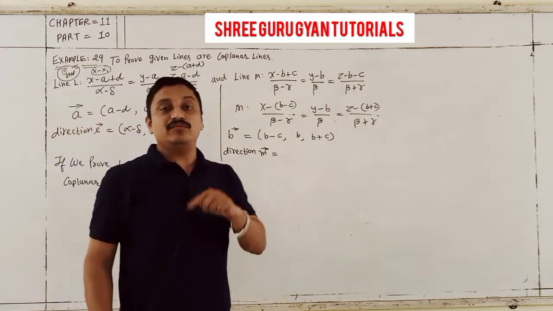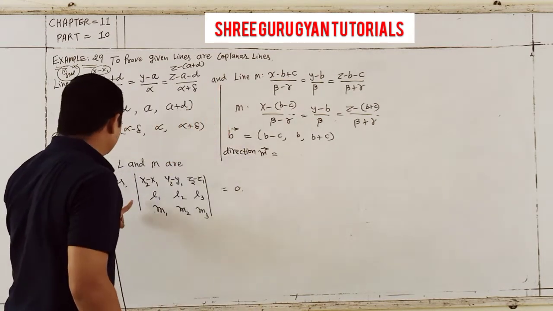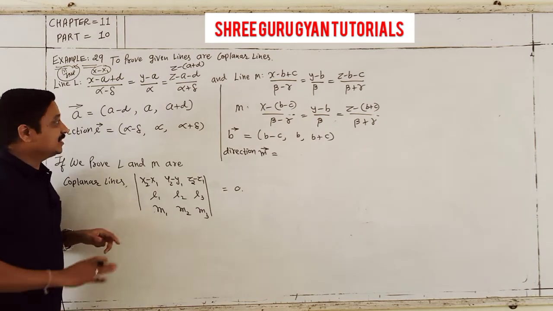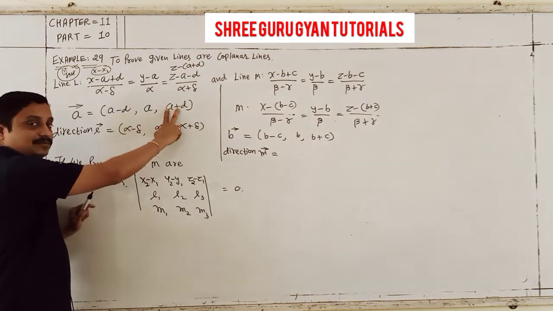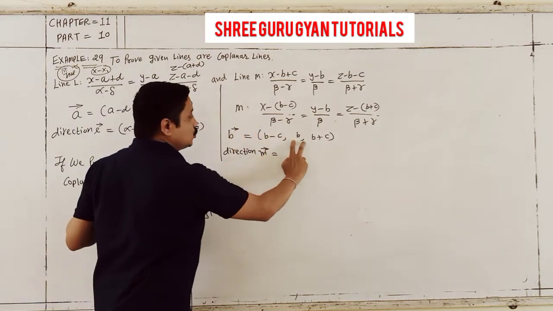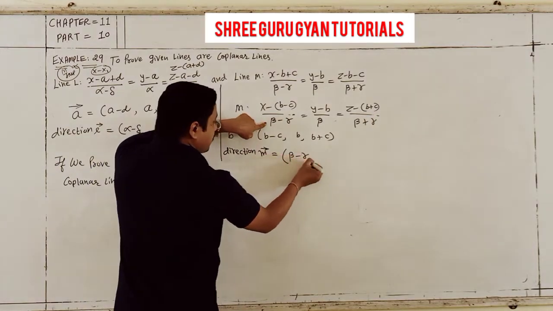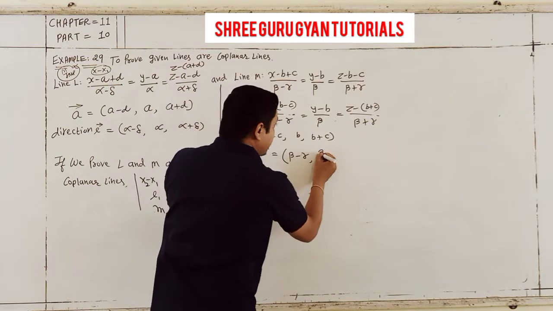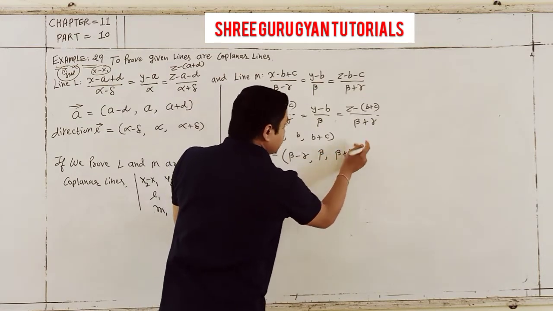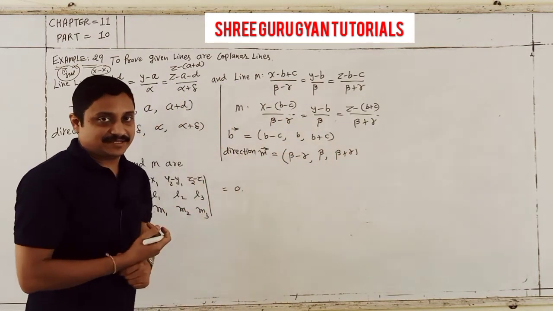If they are coplanar, then they follow these conditions. Here taking x1, y1, z1 and here taking x2, y2, z2. The directions remaining, students, I mention here: beta minus gamma, beta and beta plus gamma. These are our three directions.